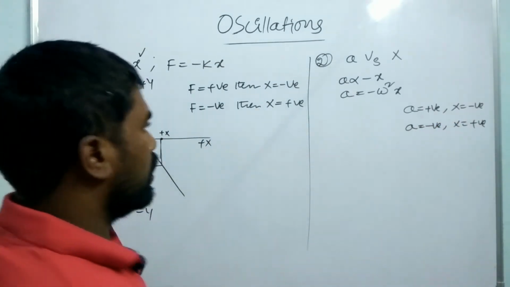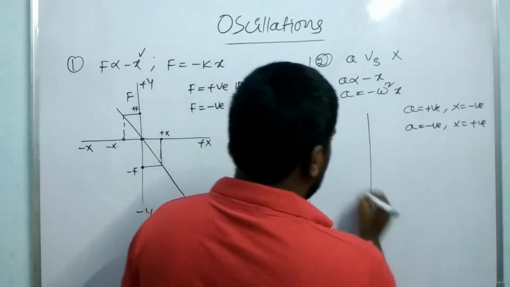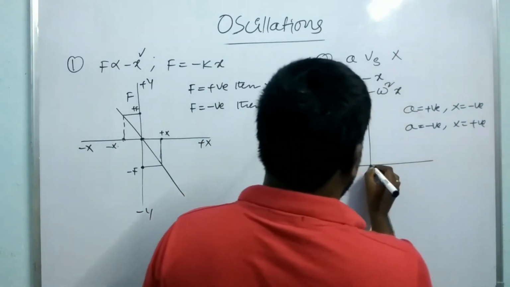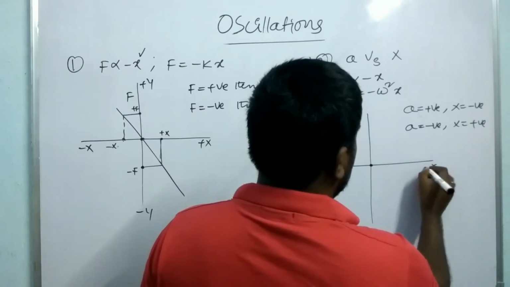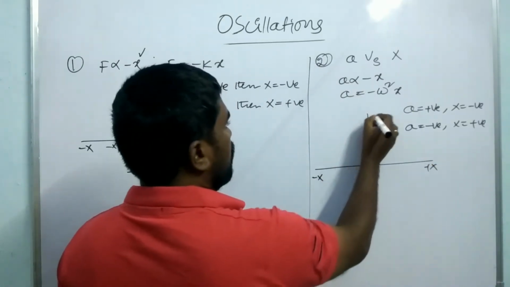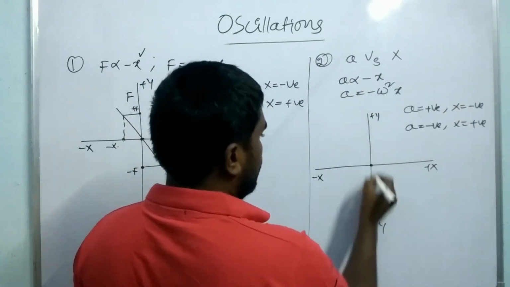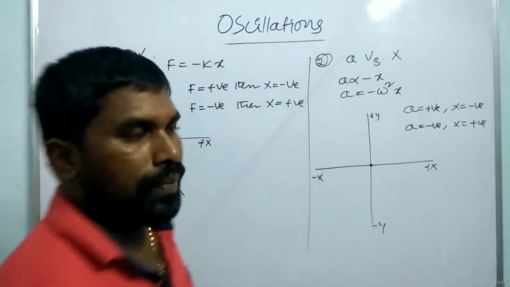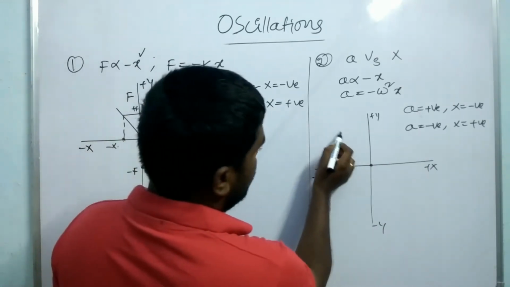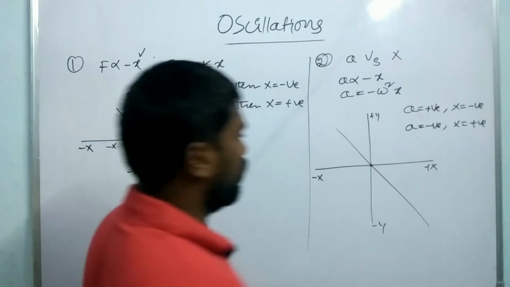Clear? So the same graph is plotted. This is plus X and this is minus X, plus Y, minus Y. This is the origin, and the graph is a straight line passing through the origin.